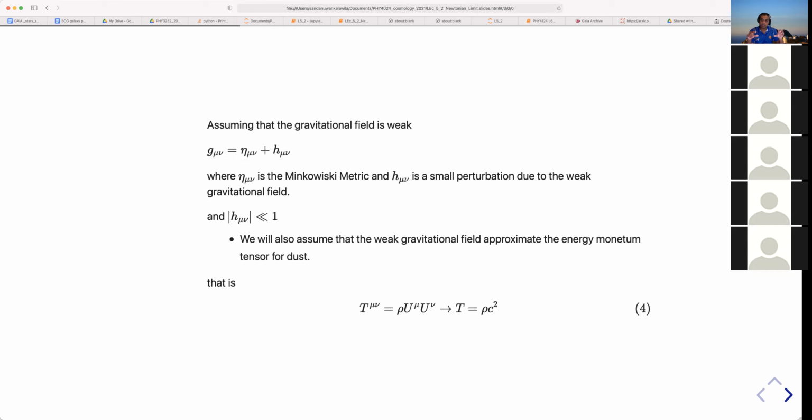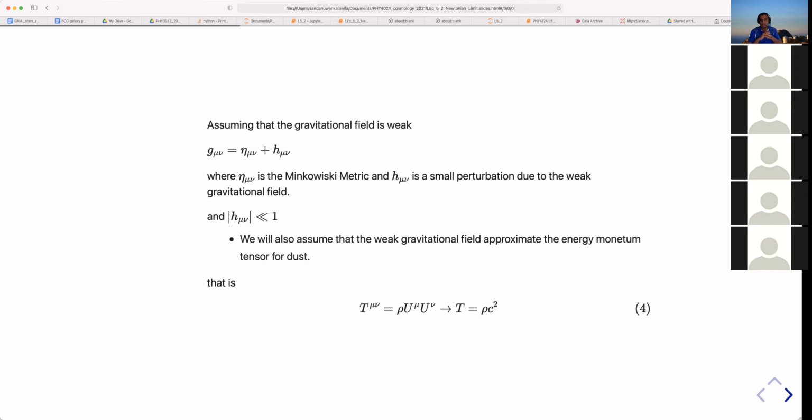We talked about how it can be reduced to two special cases, dust and a perfect fluid. When you have dust, you only have the very first term of the energy momentum tensor, the ρc² term. If you have a perfect fluid, you only have the diagonal terms. Those are the two situations we will be discussing most of the time.